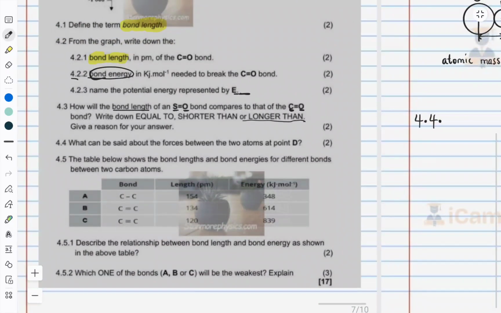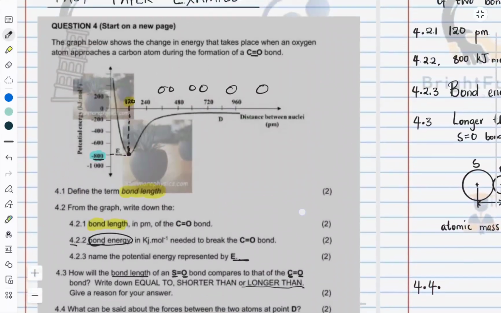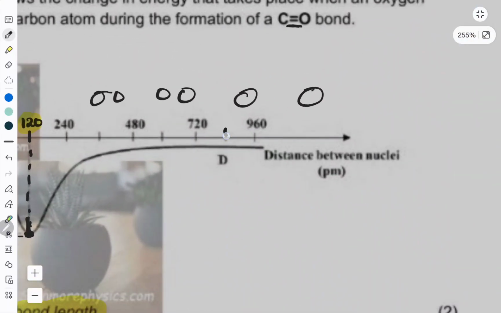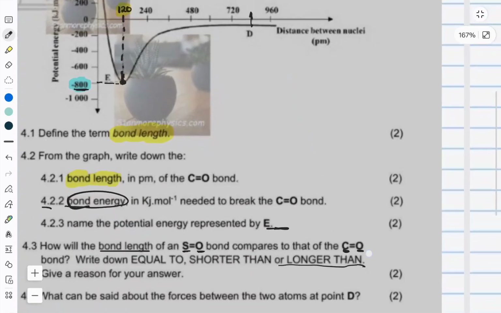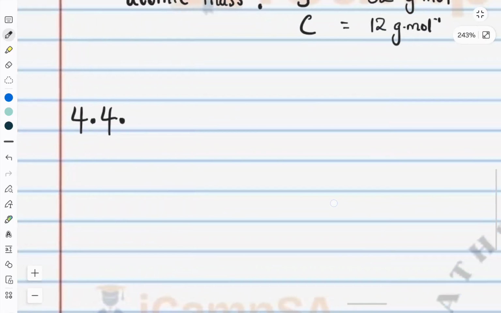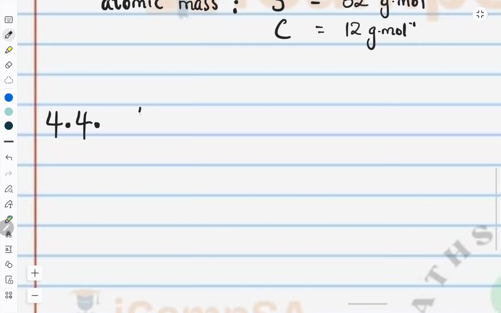What can be said about the forces between the two atoms at point D? Remember, at point D, these two atoms are so far from each other that their forces are either weak or not there.